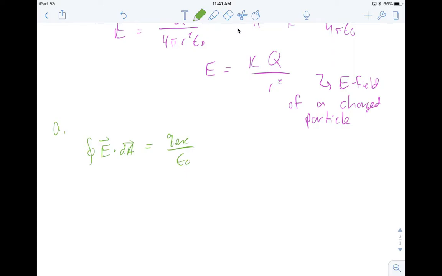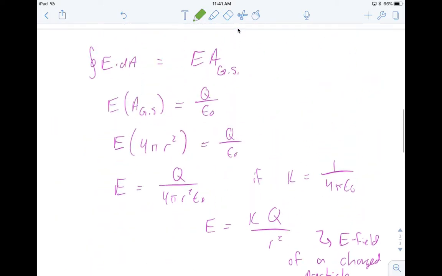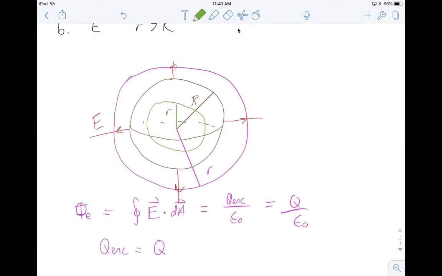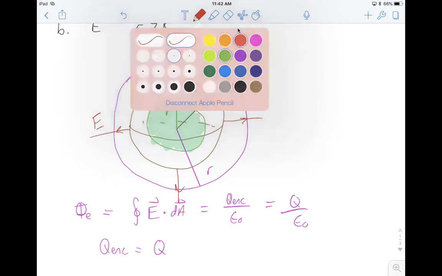Let's deal with the right side of the equation. How much charge is enclosed in that volume is what we want to find. How much charge is located in just this part? Let's think about this for a minute. This is a conductor, which means that charge is allowed to move freely.